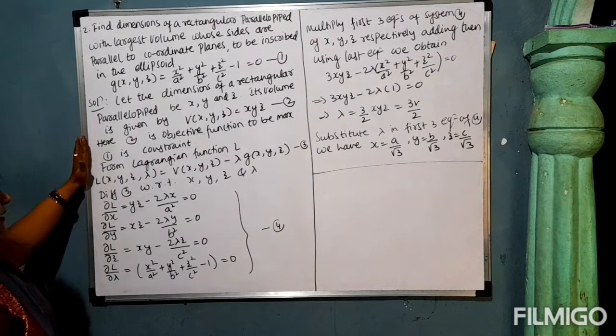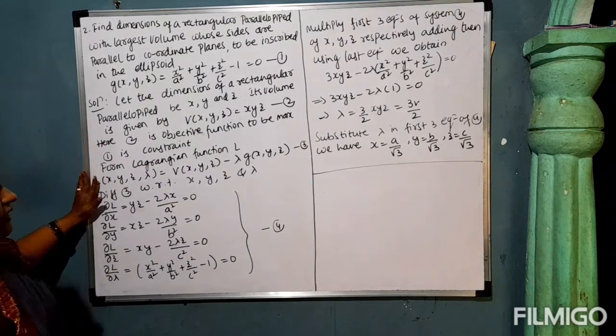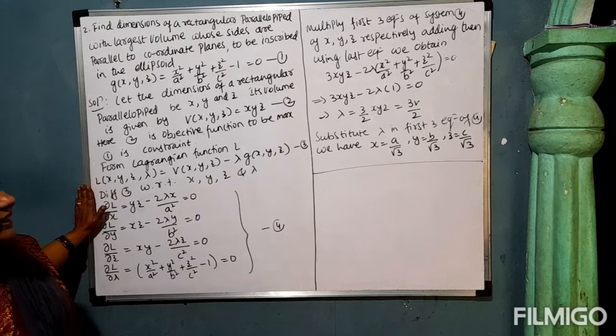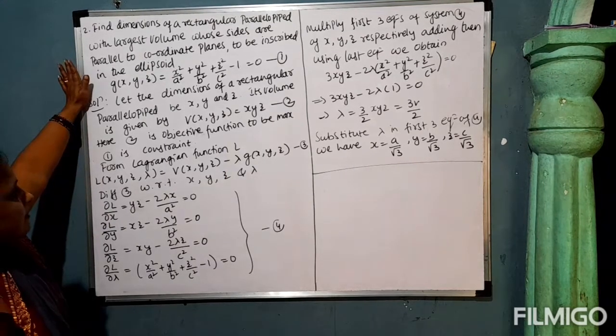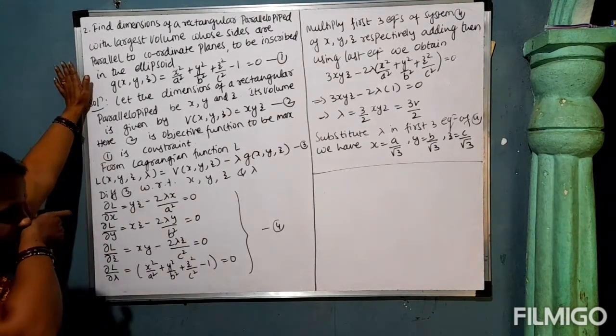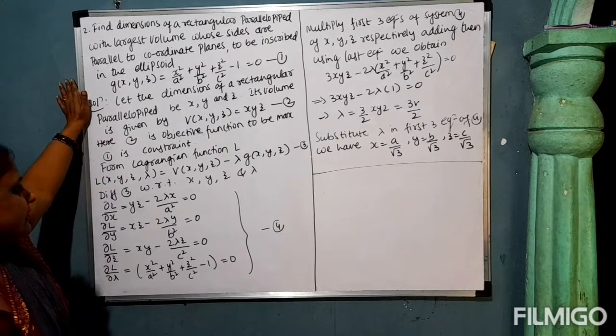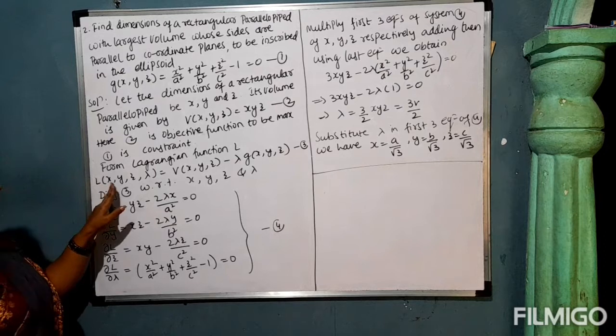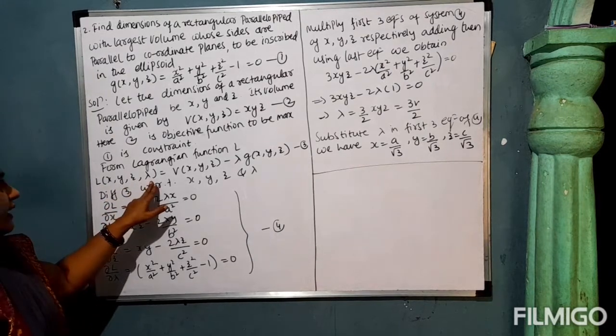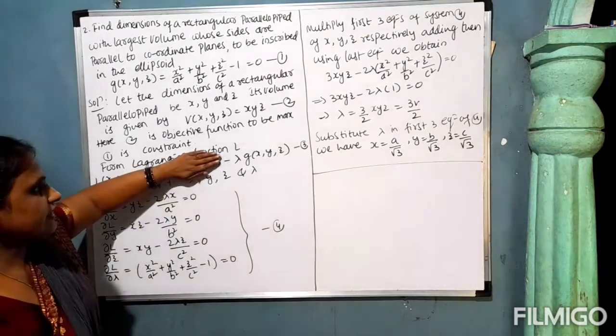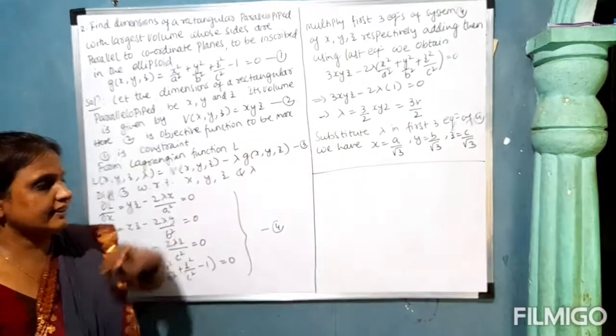Now we have to form a Lagrangian function. It is also a non-linear programming problem. We have to solve this using the Lagrangian function. Let L be the Lagrangian function defined as L of x, y, z, lambda equal to objective function minus lambda into constraint.